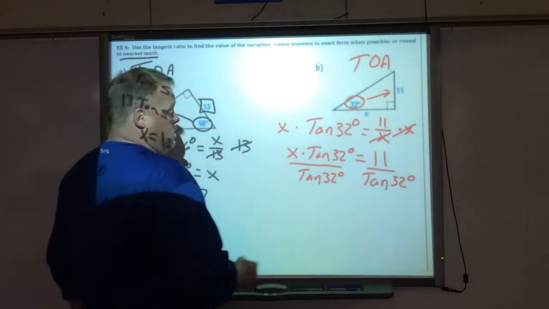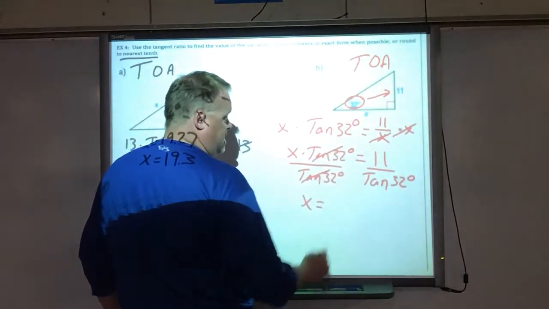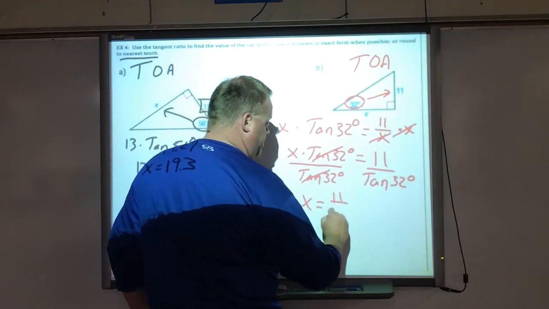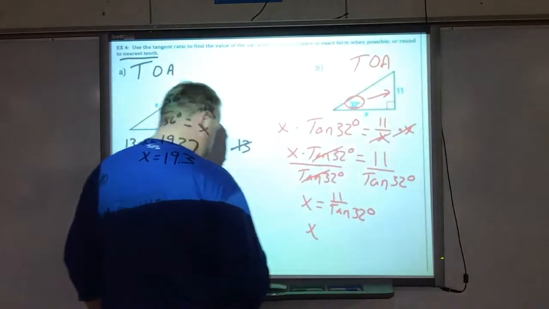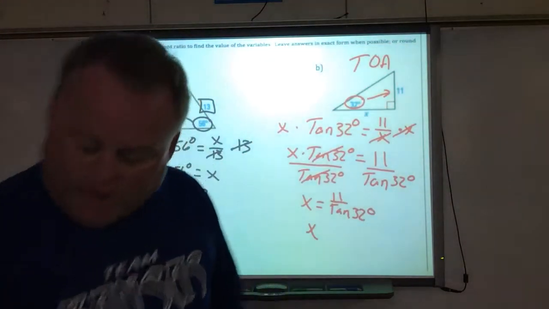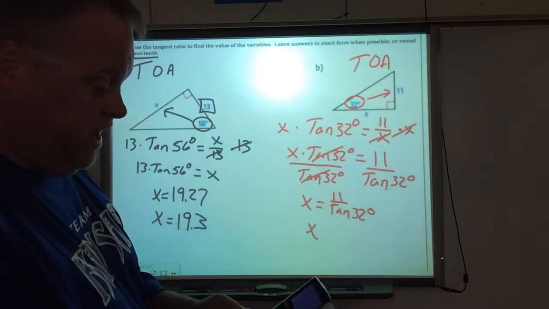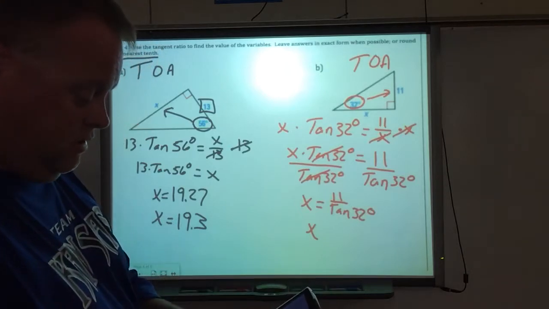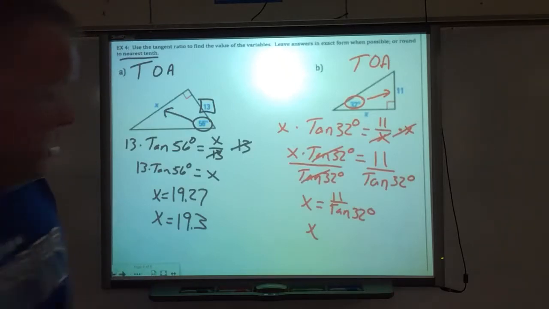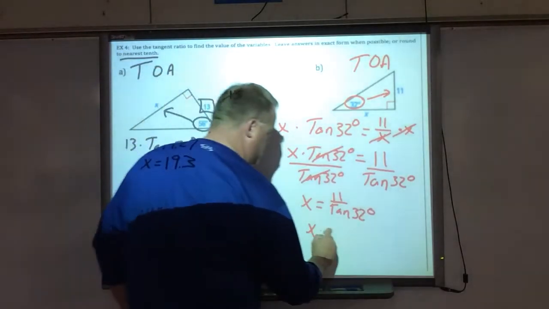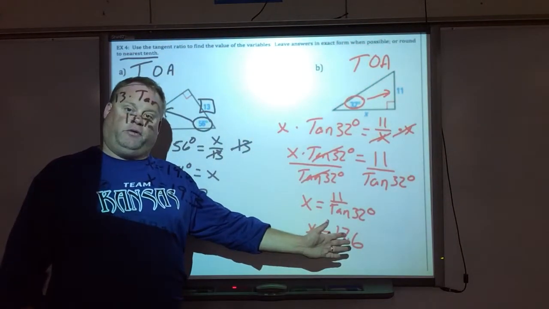So when I do that, these tangent of 32's cross out, leaving me just x, and the x is equal to 11 divided by tangent of 32 degrees. Well, I can put that in the calculator, can I? 11 divided by tangent of 32. It gives me a nice number, 17.6. That's what I'm looking for right there.